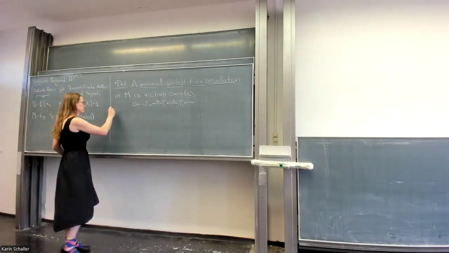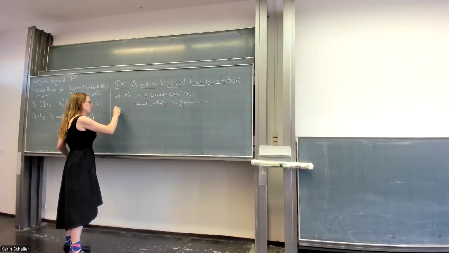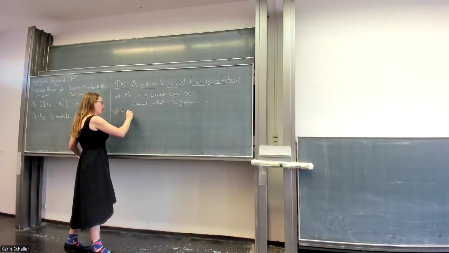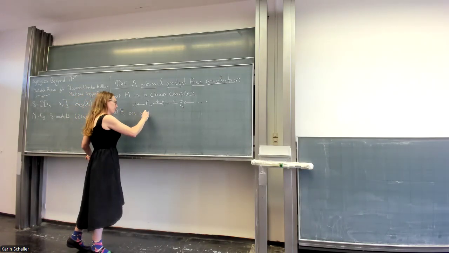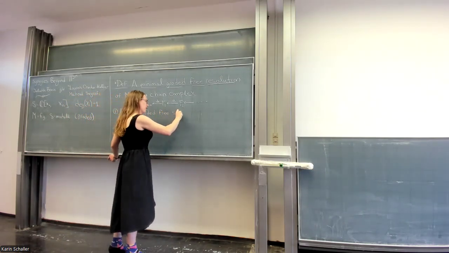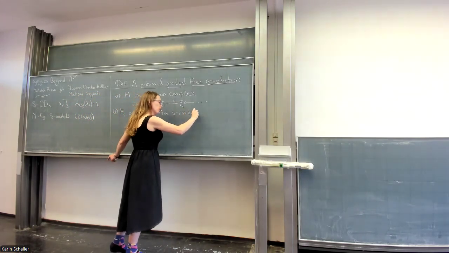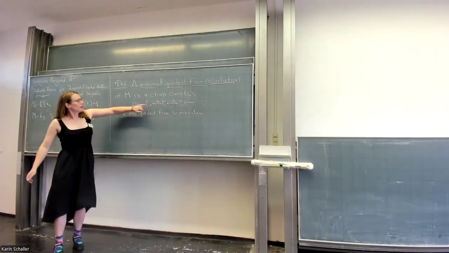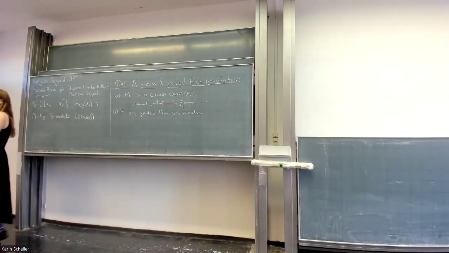And what are the properties? First, I want to assume that the Fi are graded free S-modules. So if you'd like to think, each of these Fi's has some minimal generating set, and those minimal generators are homogeneous polynomials of some given degree.